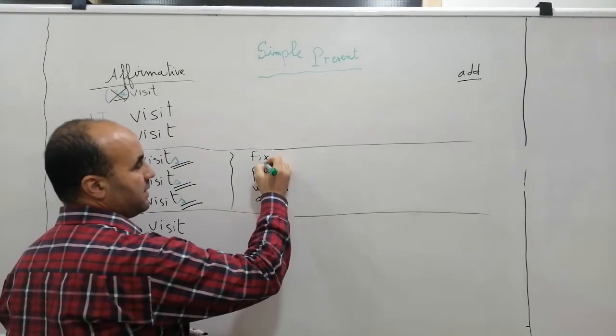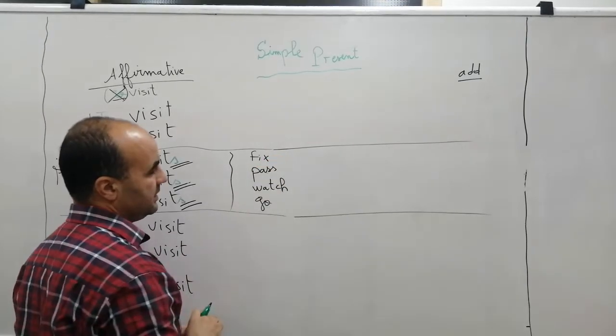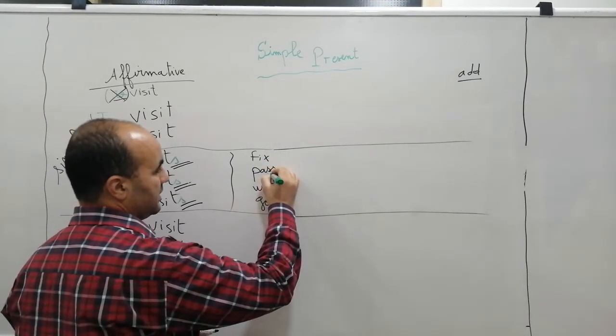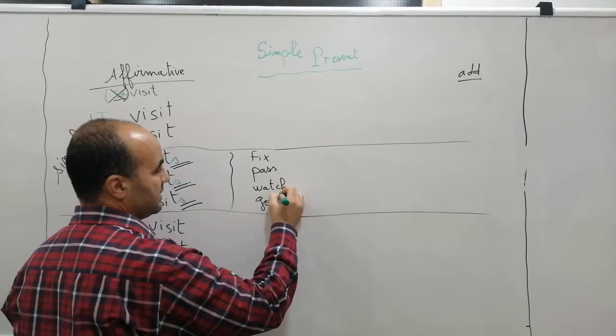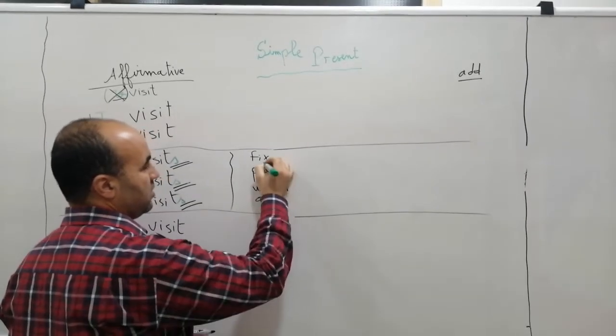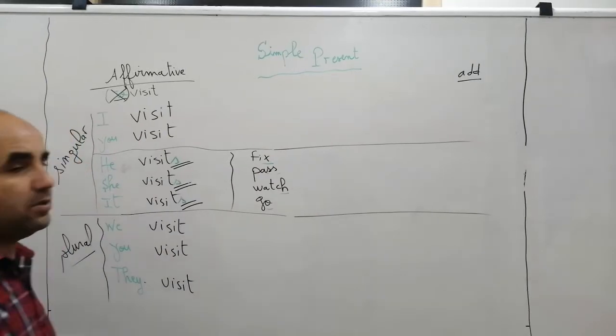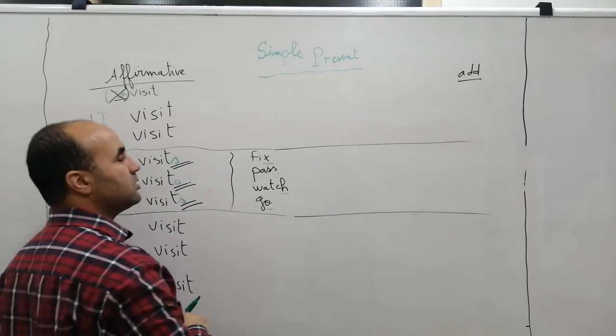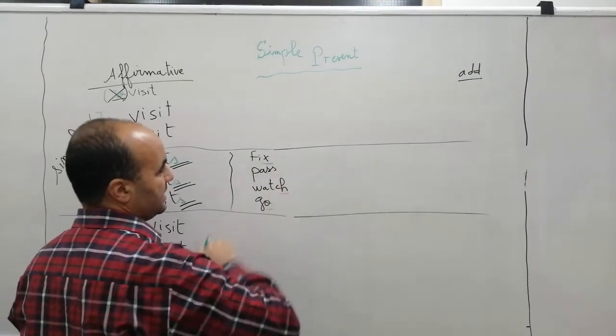When we have the verb that ends with X, double S, CH or SH and O, what do we do? In this case, we don't use just S, but look here.